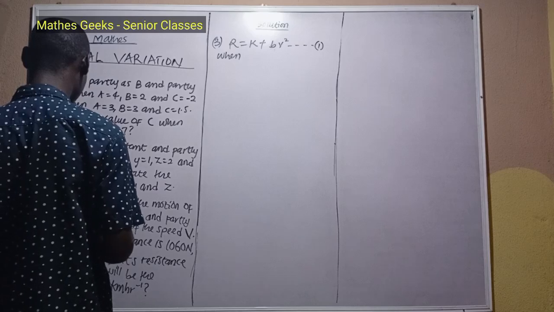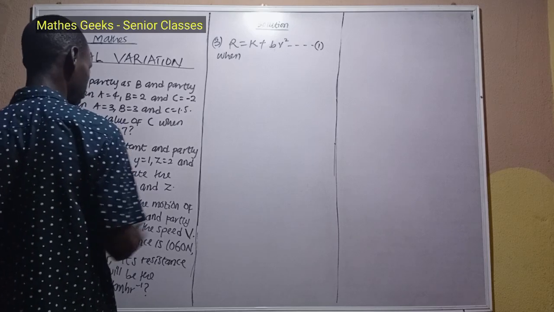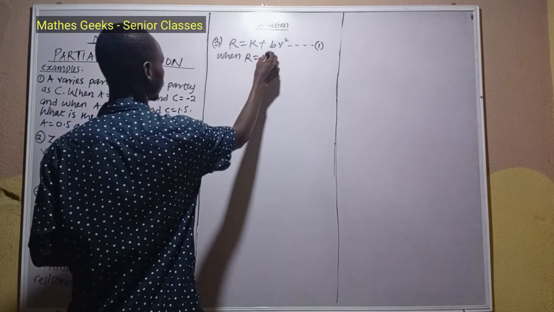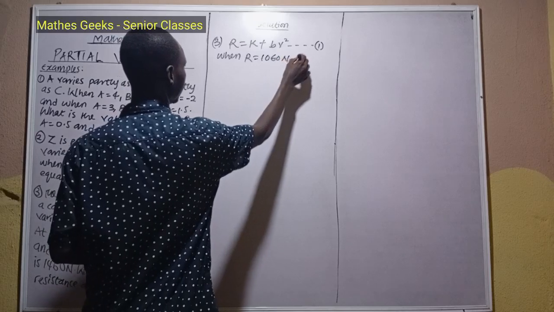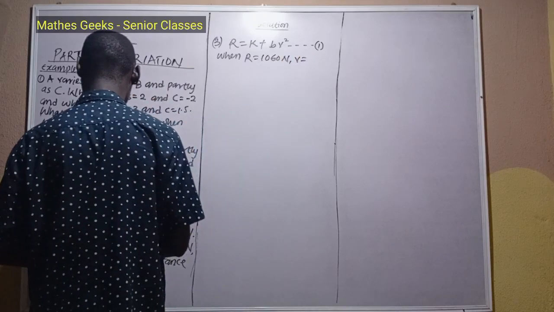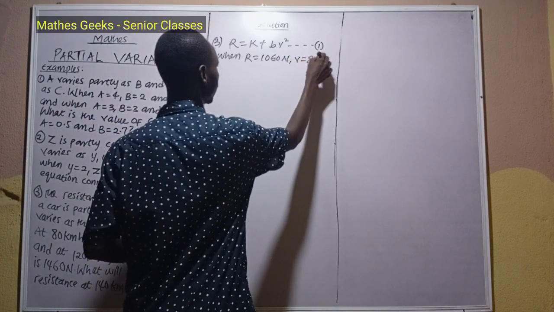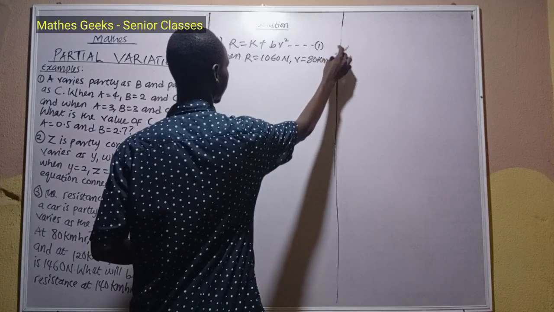When R equals 1060 newtons, V is equal to 80 kilometers per hour.